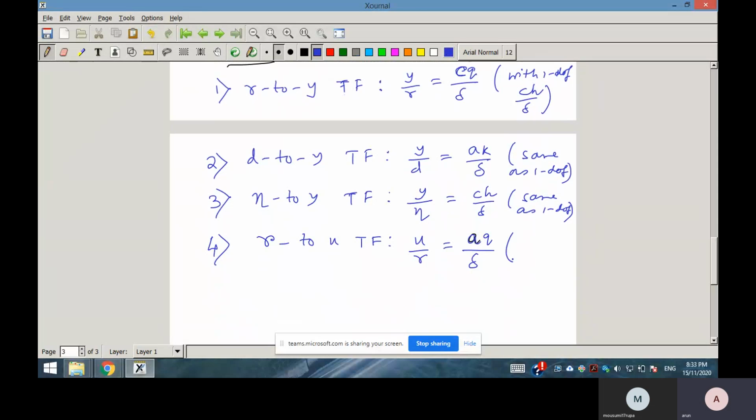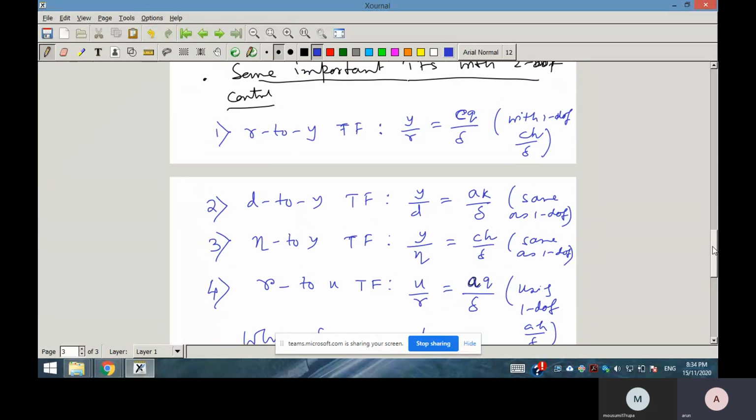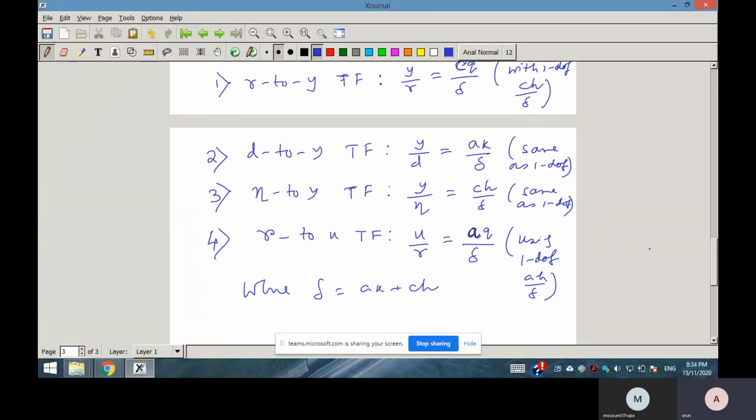So this is using 1 degree of freedom, what we got, it was AH by delta. Where delta equal to, again I am writing, delta equal to AK plus CH. So here all are polynomials, AS, KS, CS, HS, delta S. The S term I am not writing for convenience.